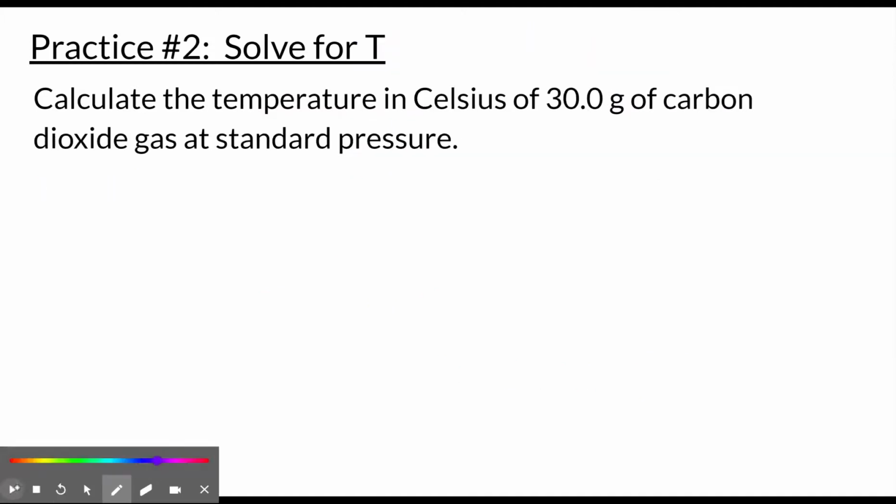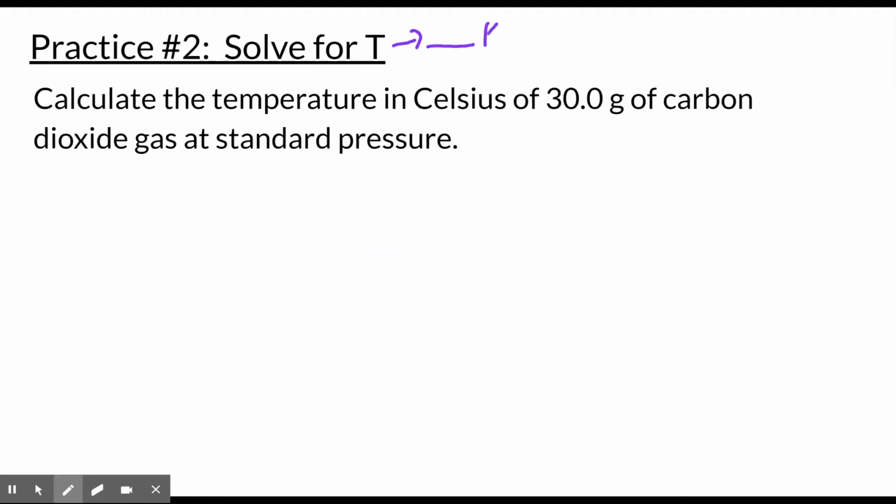For this second practice problem, we're going to solve for K, or temperature, not K, but it will be in units of K. Therefore, we'll have to convert to Celsius after we get our answer in kelvins. So we have 30 grams of carbon dioxide, so we are going to solve for N. N is 30.0 grams divided by the molar mass of carbon dioxide, which is 44.009.